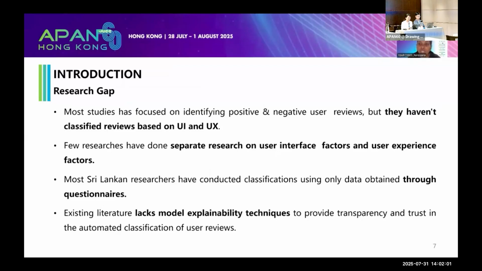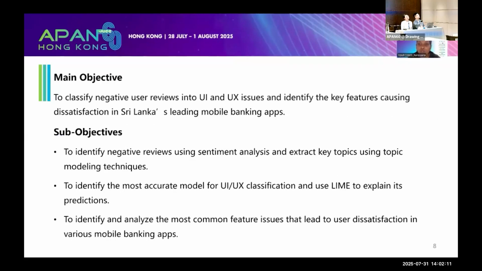And existing literature lacks model explainability techniques to provide transparency and trust in the automated classification of user reviews. That led to the formulation of my main research objective: classifying negative reviews into UI and UX issues and identifying the key features causing user dissatisfaction in the leading Sri Lankan mobile banking apps.